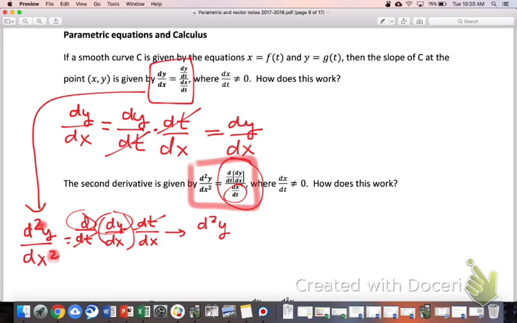Make sense? And in the bottom, you've got a dx and a dx. So technically, it'd be like parentheses dx squared. But as mathematicians go, we will tend to get by with what we can, and so we usually just write it as d squared y over dx squared, not really understanding whether it's quantity dx squared or just the x is squared or whatever. It's from a symbolic notation, that's what's going on.